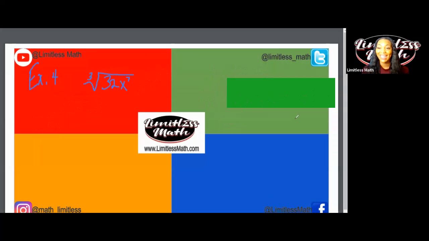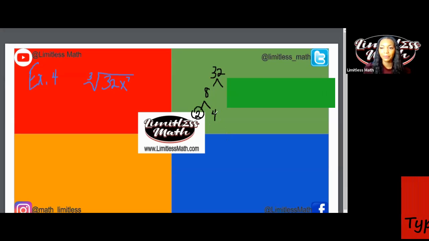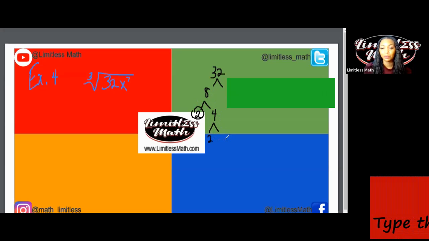So for our last example, we have the cube root of 32x to the 7th. So just like we've been doing, we want to break 32 down into prime factors. So let's start with 8 and 4. I know 8 is not prime, so we can break that down even more to 2 and 4, right? But 2 is prime, we can stop there. 4, we can break down into 2 and 2.